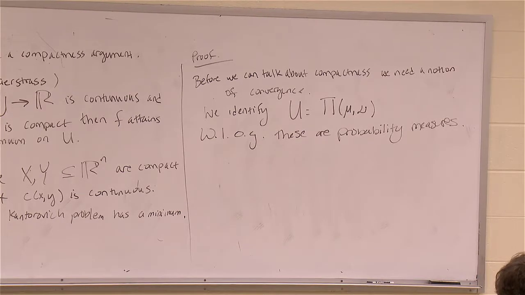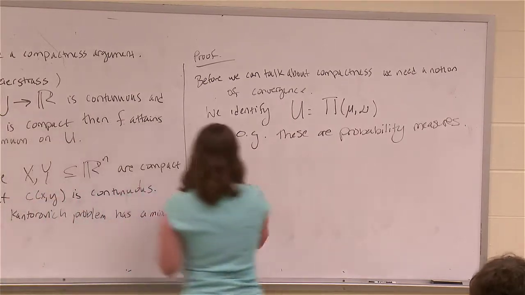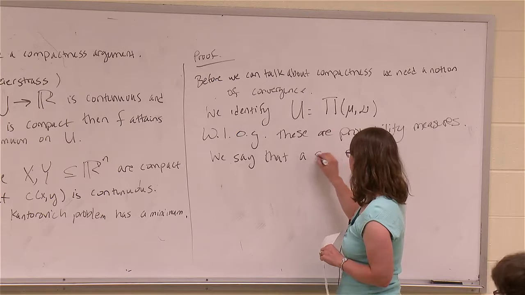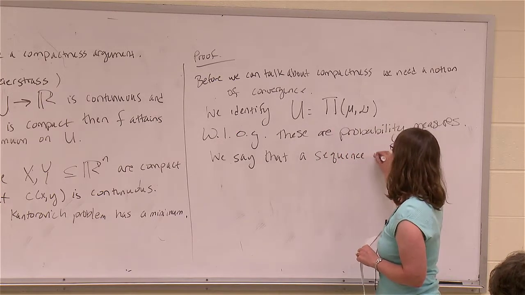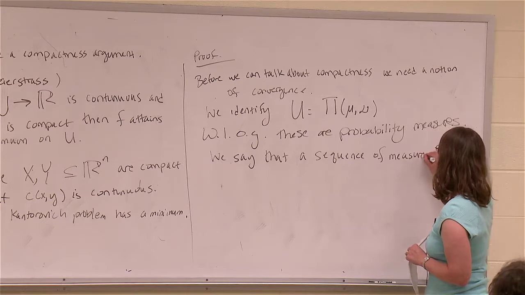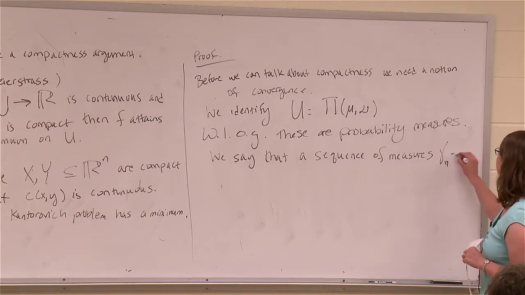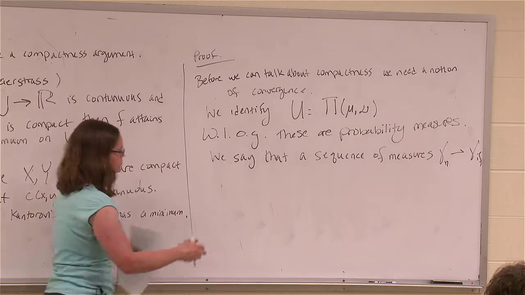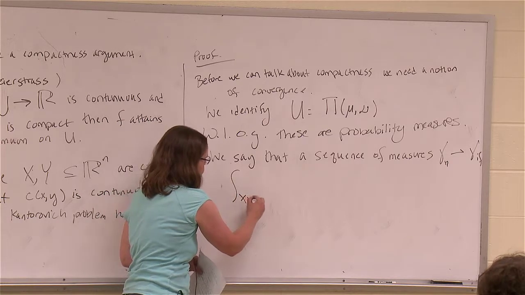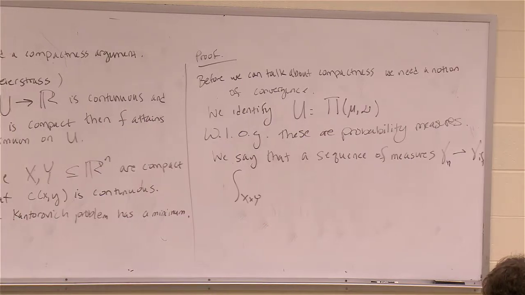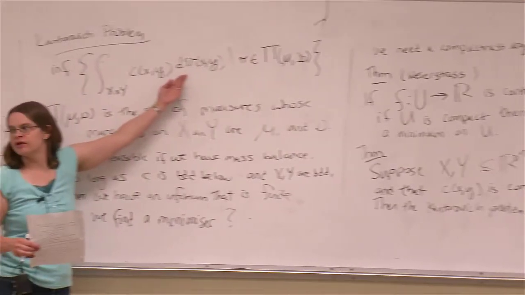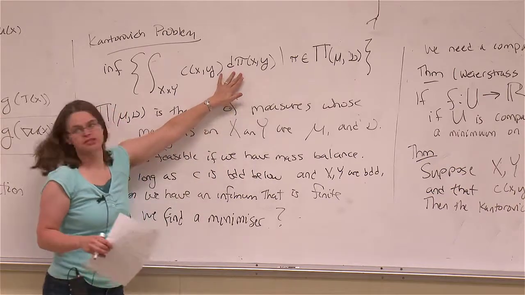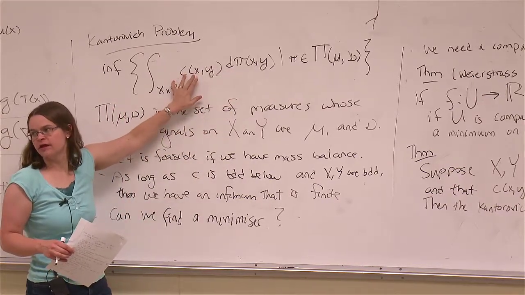Okay, what do I mean by convergence? We're going to say that a sequence of measures converges, so gamma_n converges to some gamma if, the natural way to understand these is sitting inside of integrals just like this, right? So what do I want to do? I want them to sit inside of an integral against some kind of continuous function.